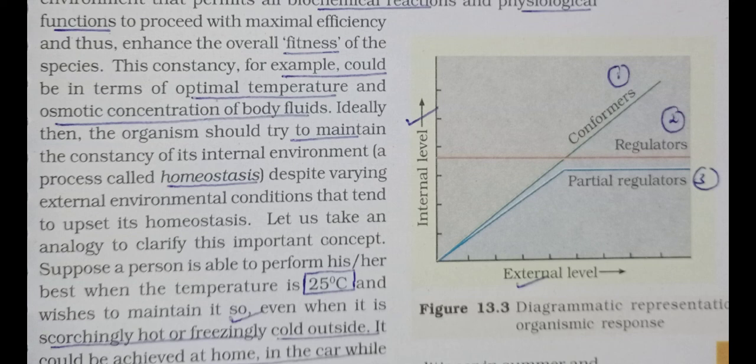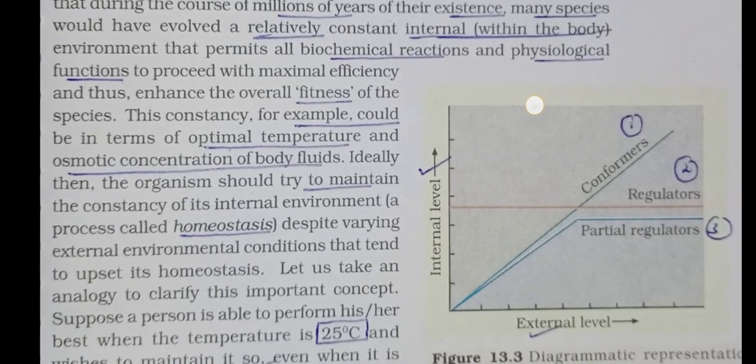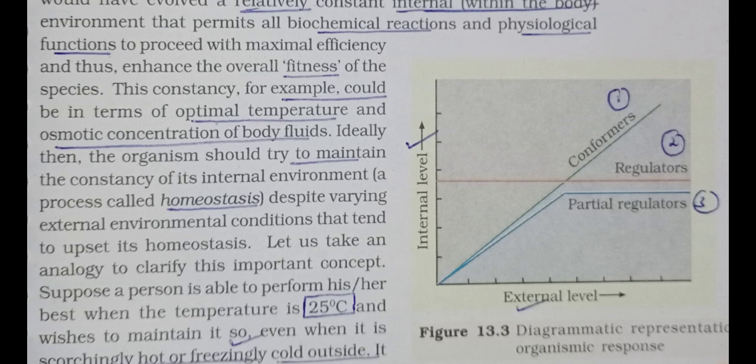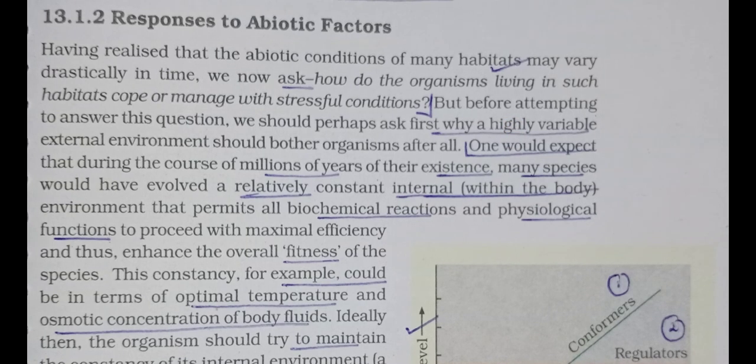Okay, so this question is completely finished here. Again, remember, internal level means what? Means inside the body. And some MCQs are there, like 25 degree centigrade, as well as one process or one definition will be there, homeostasis. Okay, so this question is completed here.